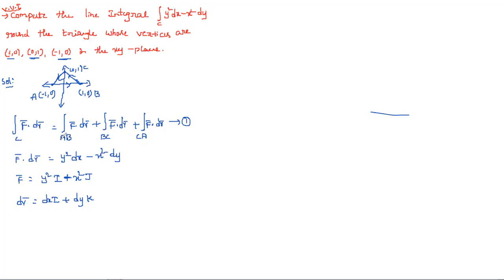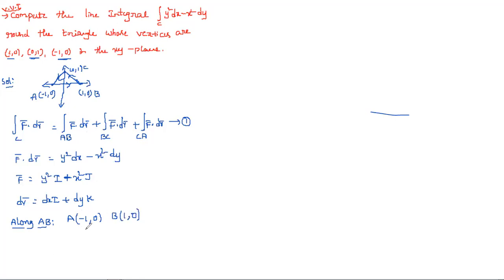Now we need to find the lines AB, BC and CA. After finding the lines, we need to add them. So first, along the line AB. Here A is (-1, 0) and B is (1, 0).